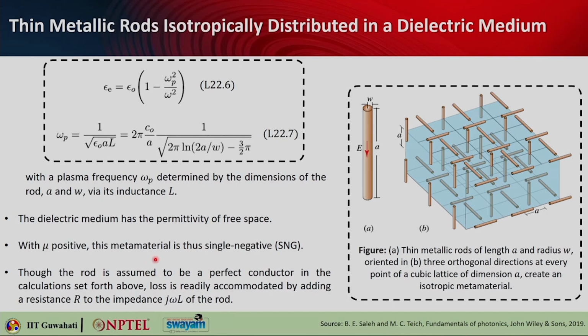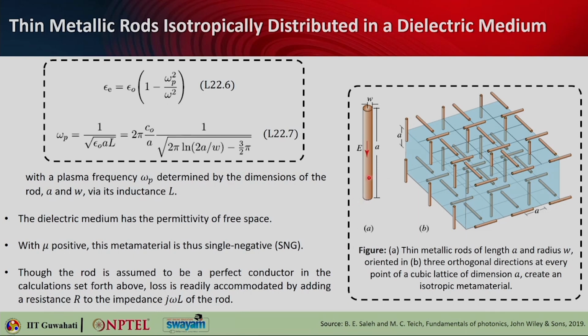Now, there are some ifs and buts. Though the rod here has been assumed to be a perfect conductor in the calculations, there will usually be loss associated in these rods, and you can accommodate that loss by adding a resistance R to the impedance. Where you have calculated j omega L, you can add R, that is basically the loss factor.